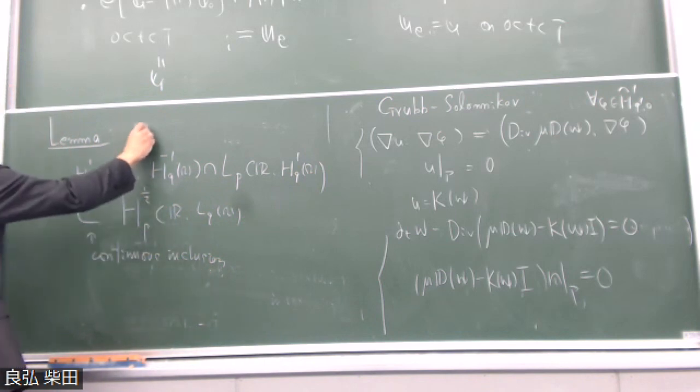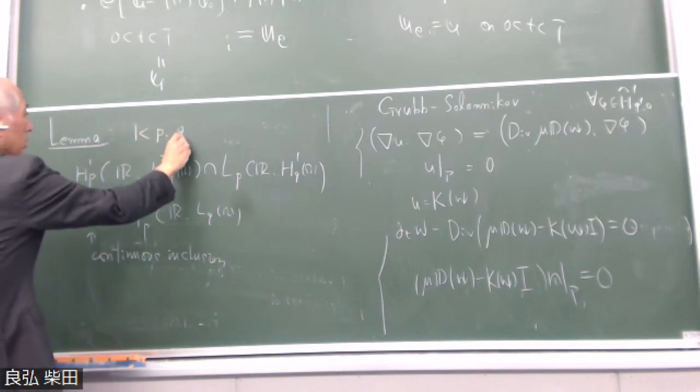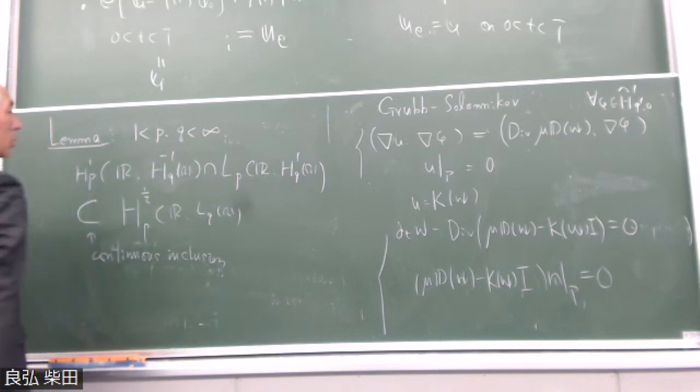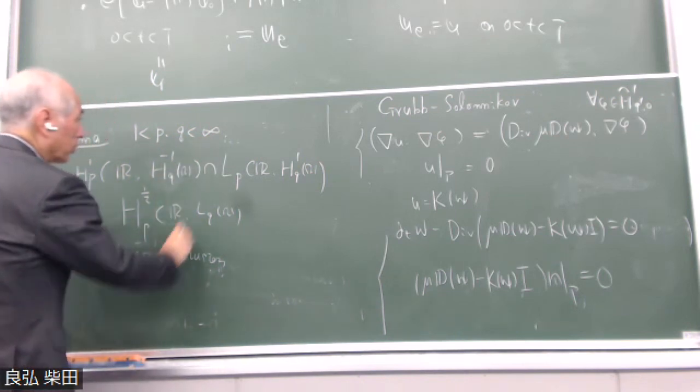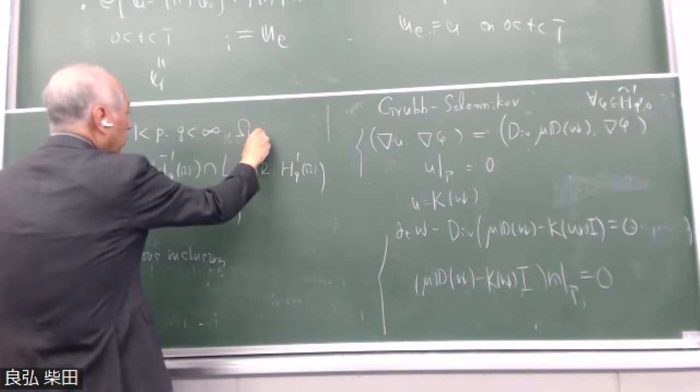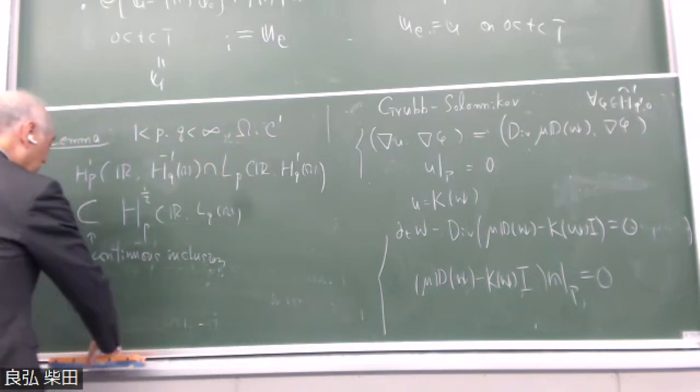Of course, we need omega to be a C1 domain.